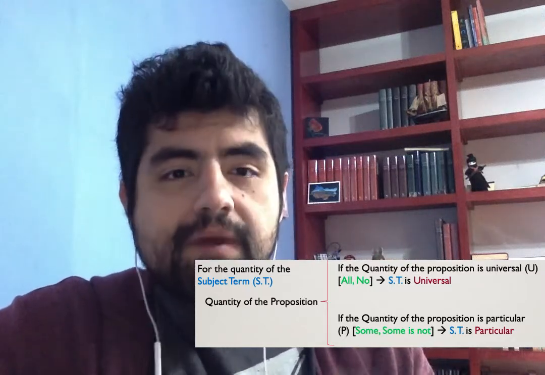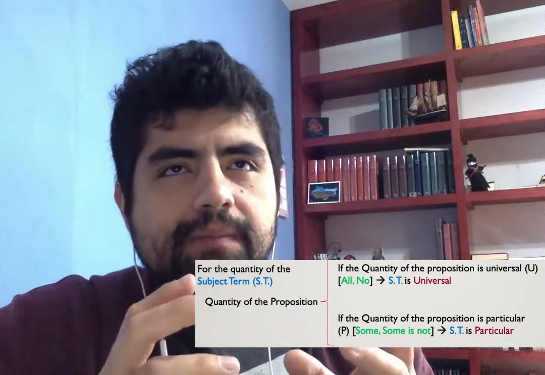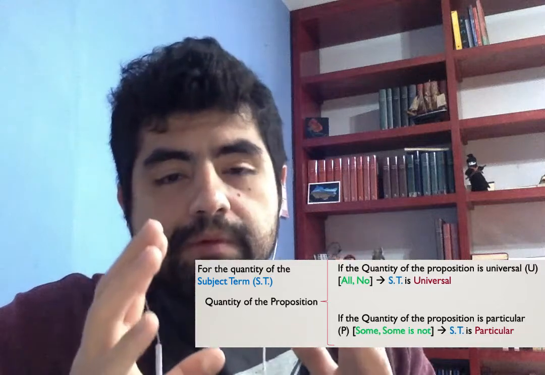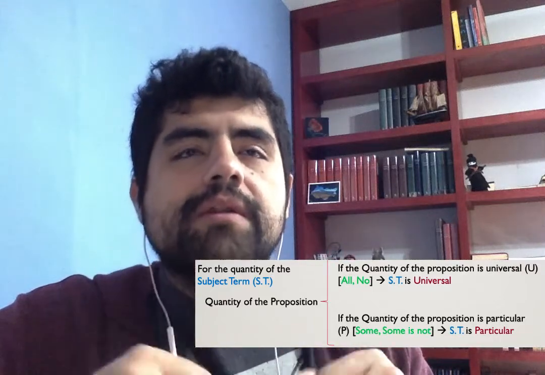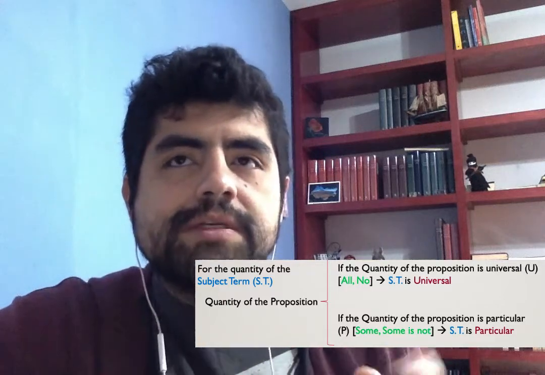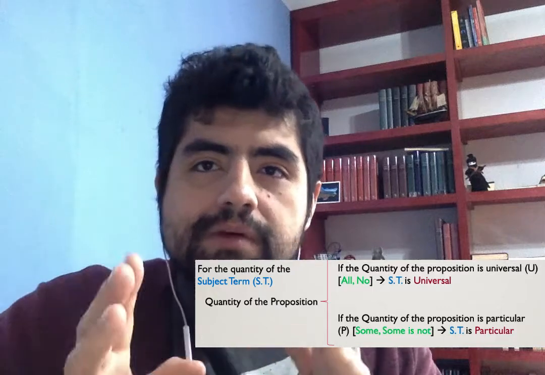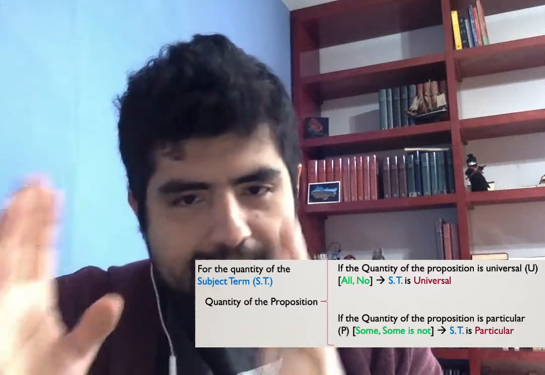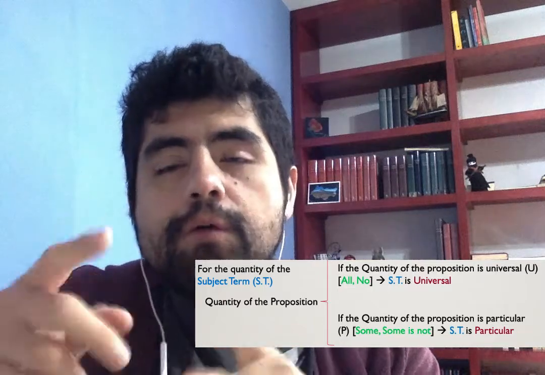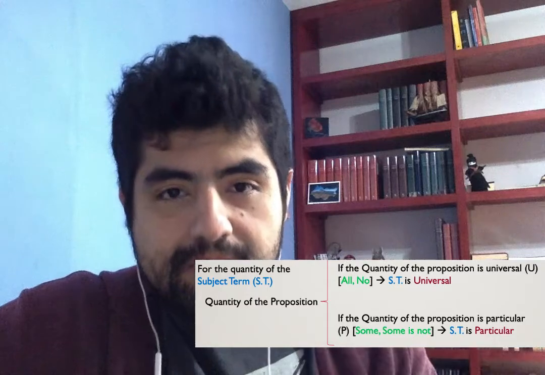For example, if the quantity of the proposition is universal, for example, the proposition with all or none or no, these propositions are going to give us a subject term that is universal. For example, all the students of logic are amazing. It is really clear that all the students of logic is universal. We are stating for all the students. But for the contrary, let's make the second option.